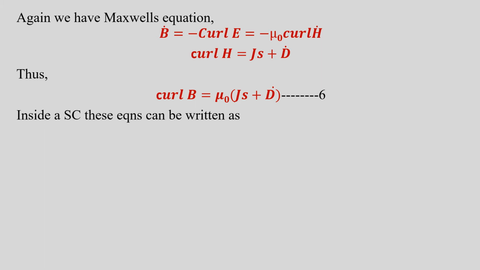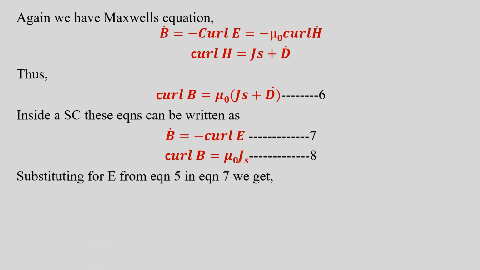For a superconductor, the displacement current is negligible. So, we can rewrite this equation as B dot equals minus curl E and curl B equals mu 0 Js. Substituting for E from the first London equation, we get B dot equals minus m by ns e squared curl Js dot.